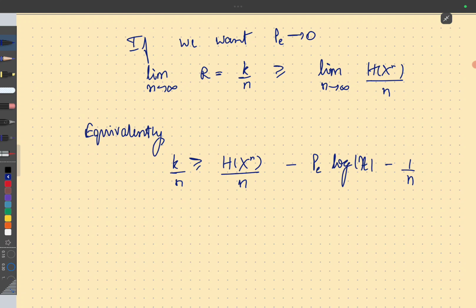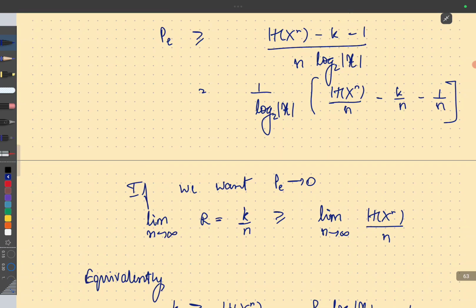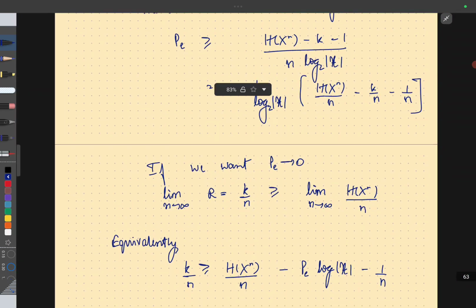Upper bound PE instead of? Okay, yeah. This is a lower bound. Correct. So this is basically saying that no matter how you choose your compressor and decompressor, the probability of error is going to be at least something.